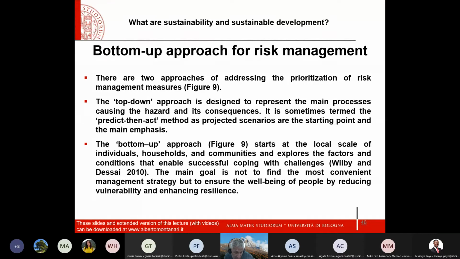You may include the climate change scenarios, and then the top-down approach makes a prediction, and a prediction of what? Of the climate, of the risks, and then based on the prediction of the risks, finds the solutions.